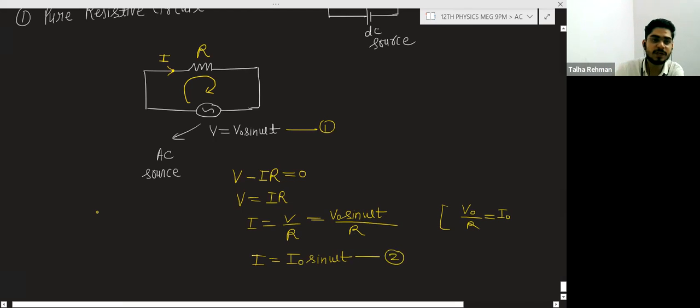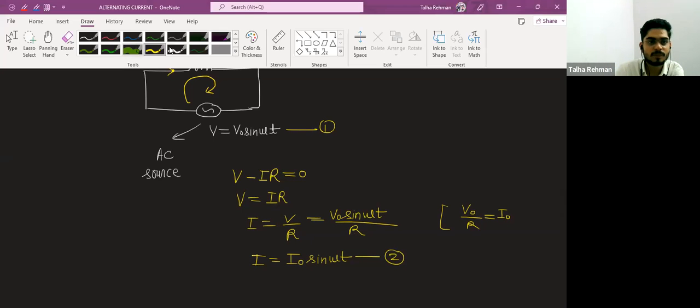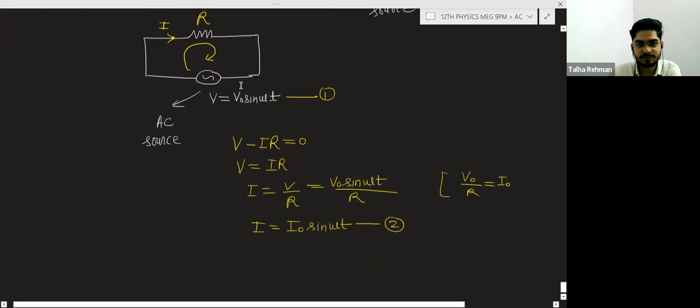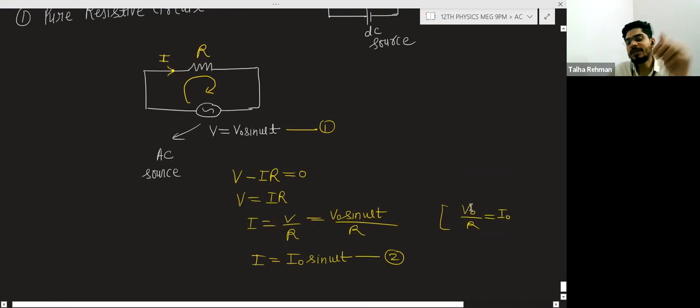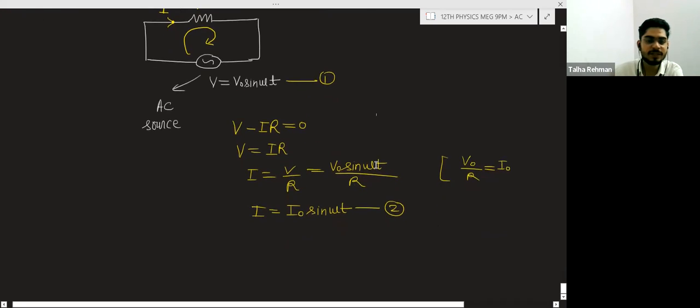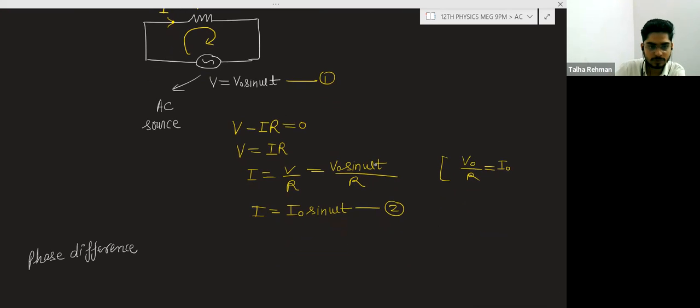Now there is a term here, phase difference. V naught is the peak value of voltage, and I naught is the peak value of current. So here is a term, phase difference.